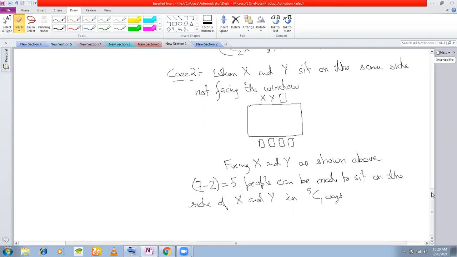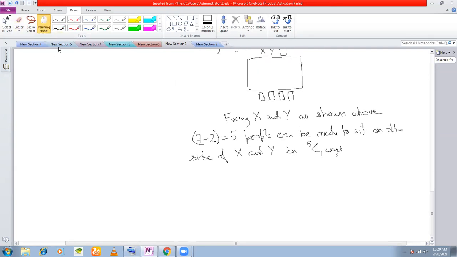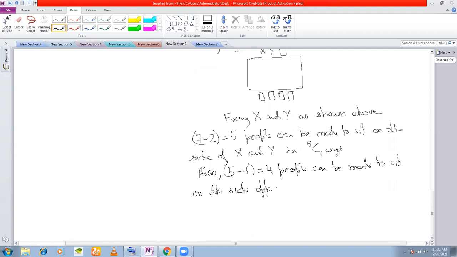So now how many people left? Now that 5 people were there, now I've fixed 1 here, 5 minus 1 equal to 4. Now 4 people can be made to sit on the side opposite to X and Y. In how many ways? 4C4 ways.